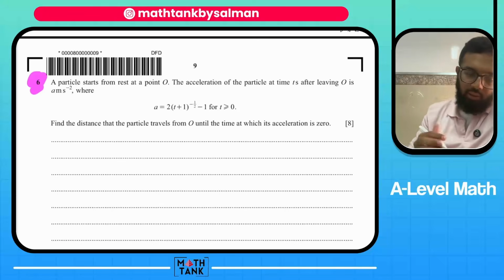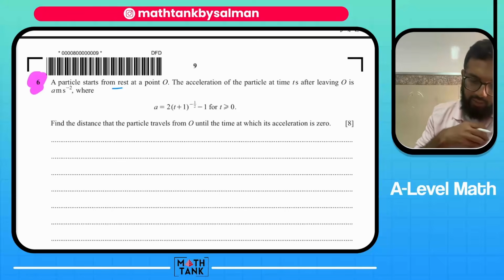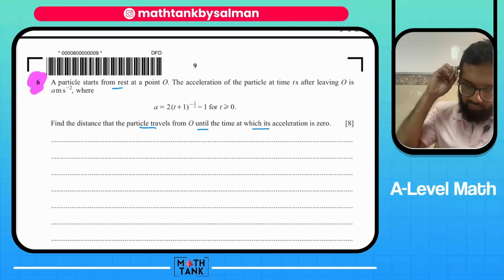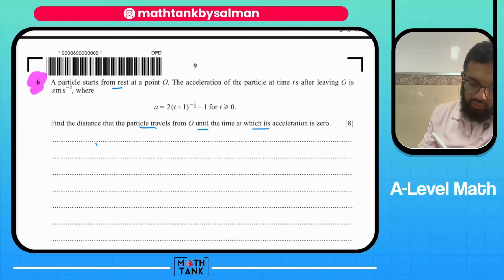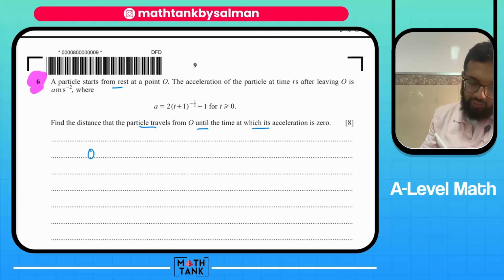Yeah, okay. So a particle starts from rest at point O. The acceleration of the particle at time t seconds after leaving O is this. Find the distance that the particle travels from O until the time at which its acceleration is 0. So let's first find out the time. That's the easy part.